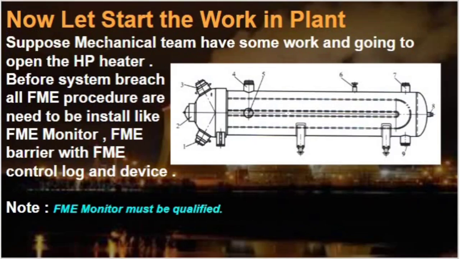Now let's start the work in a plant, how FME actually works inside the plant. Suppose a mechanical team has some work and is going to open the high pressure heater. This is a heater. Before the system breach, all the FME procedures need to be installed, like the FME monitor, FME barrier with FME control log and devices. The FME monitor must be qualified.